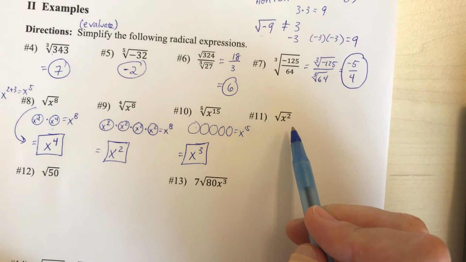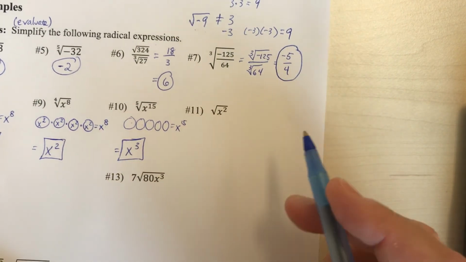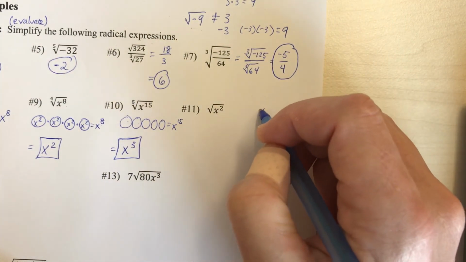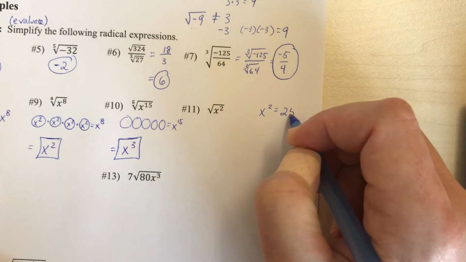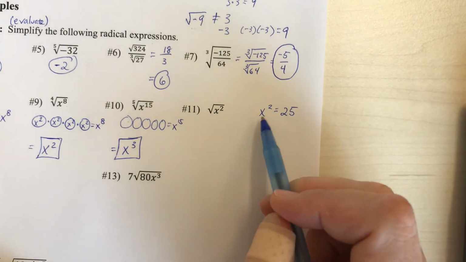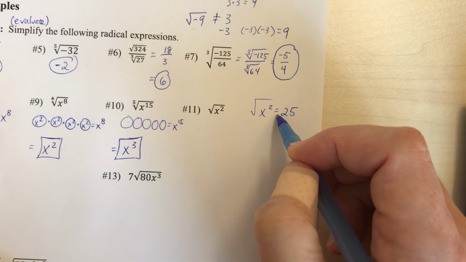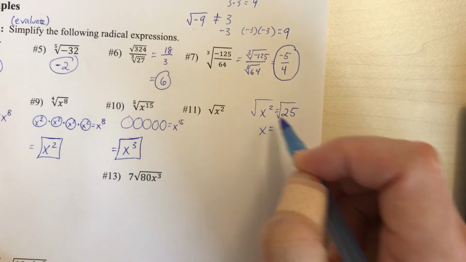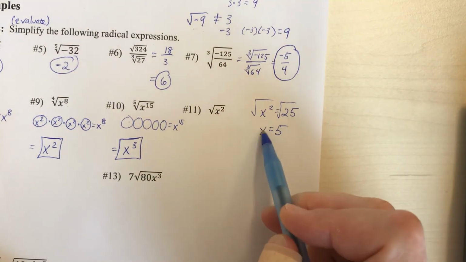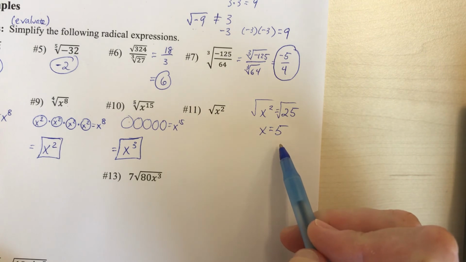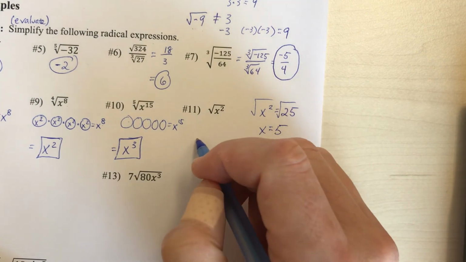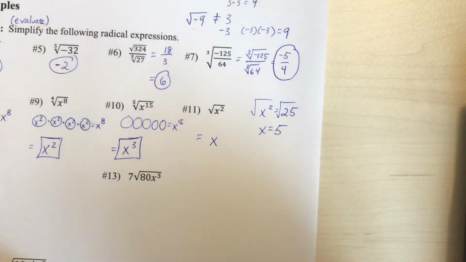And then the square root of x squared. Now we've actually done this quite a bit. When we do Pythagorean theorem and we end up with a situation like x squared equals 25, we take the square root of both sides, and what we get is x equals, and in this case that would be 5. The square root of x squared is equal to x.